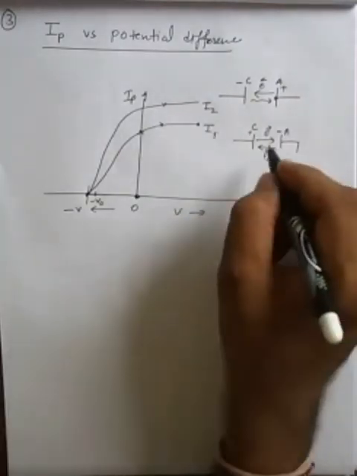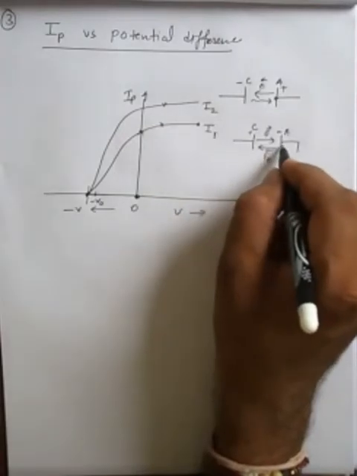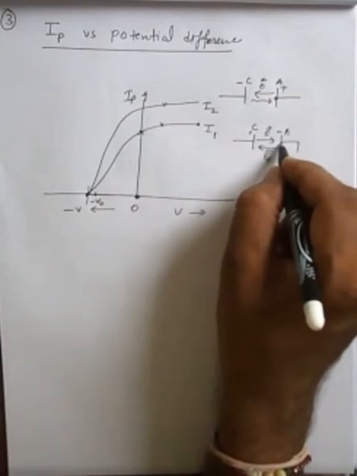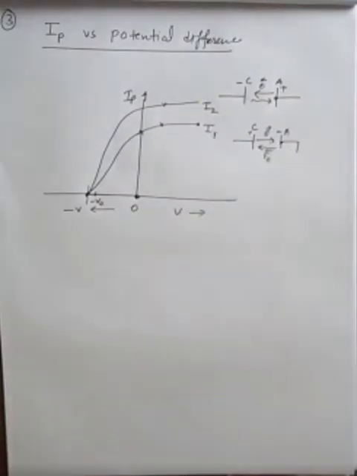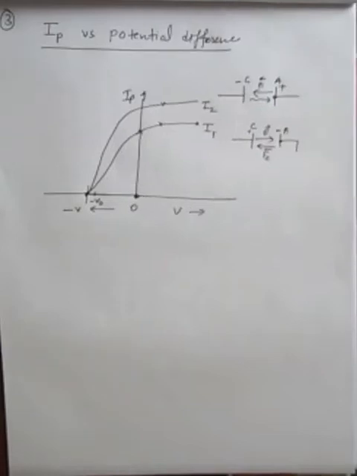So only those electrons which can cross this barrier, or whose energy is higher than the potential difference, can reach plate A, and those electrons will contribute to the total current in the circuit.